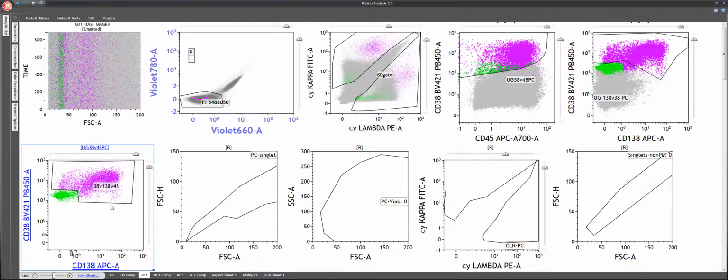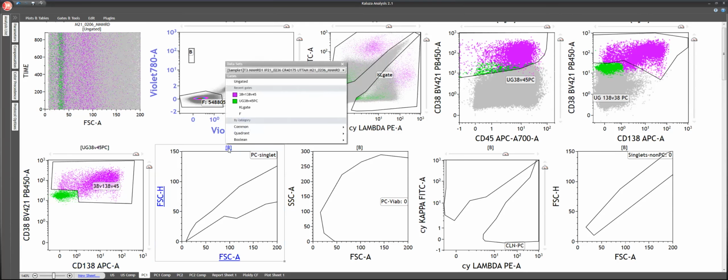Okay, and because we have not excluded any doublets or non-viable cells here, instead of starting with the singlet and viability gate, we have started otherwise. We have started with kappa and lambda so that we can exclude the majority of debris upfront. But if anybody wants to start with the other approach, that is also right, which I have shown in the earlier two cases.